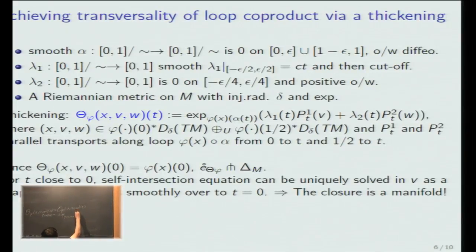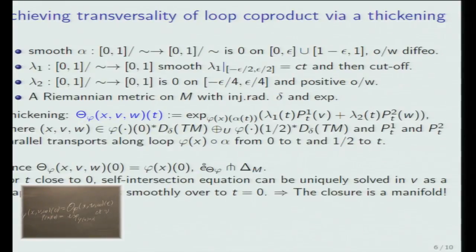The double direction won't appear, and for t small enough we have this thing, and you can solve this, and you can express v in terms of a smooth function which smoothly extends across 0.